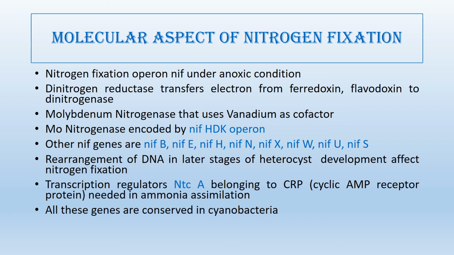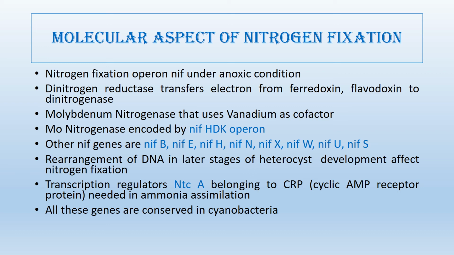And these genes are not expressed in the early heterocyst formation, but they are stimulated for expression only after heterocyst formation is complete, that is in the later stage of molecular pattern formation for the heterocyst production.